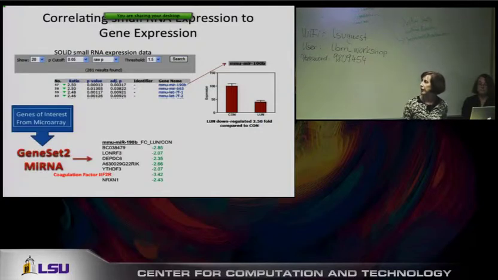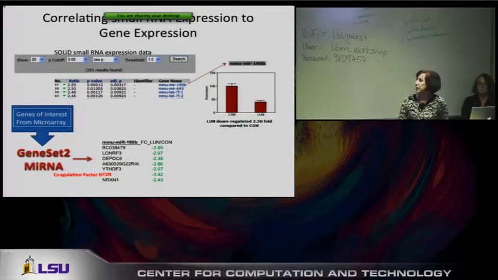We took a gene list from our microarray experiment and we submitted that to an online software called GeneSet to microRNA. This software makes a prediction from our gene set which microRNAs may be actively operating and binding to these genes.